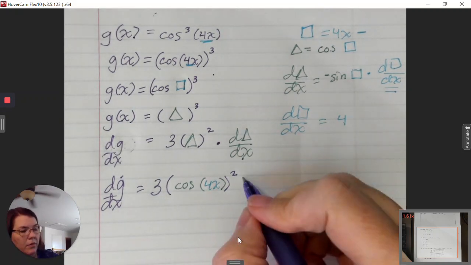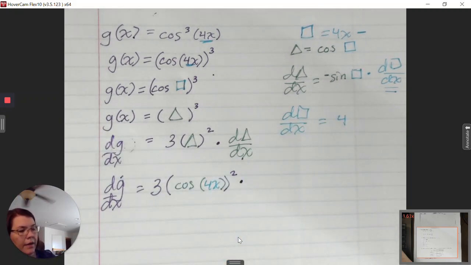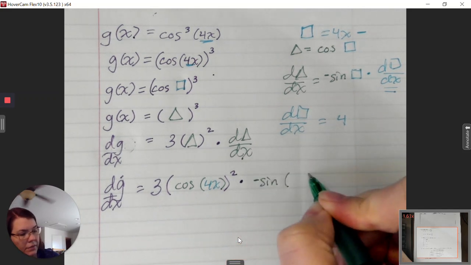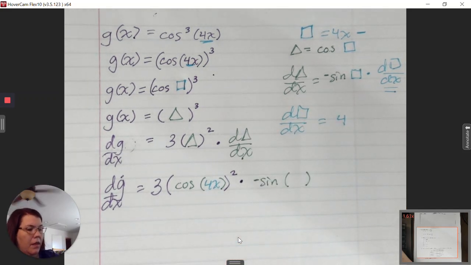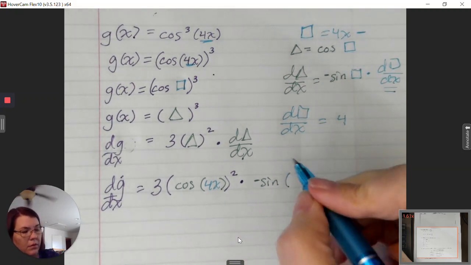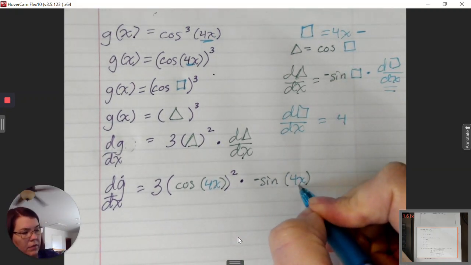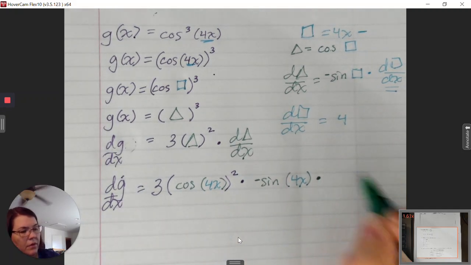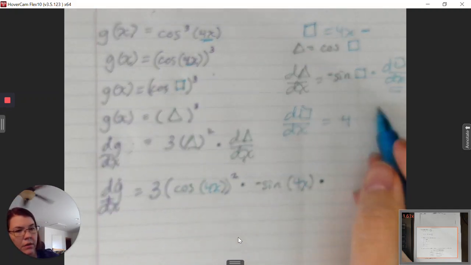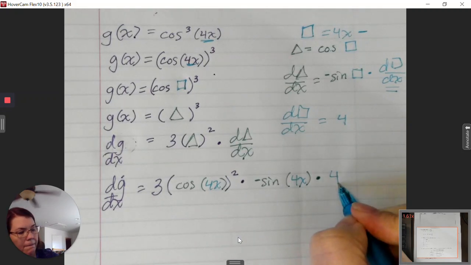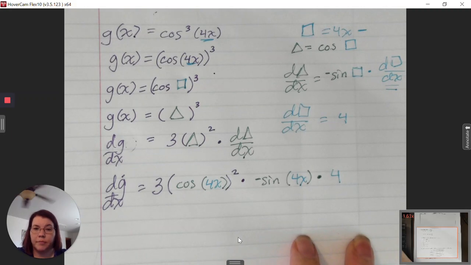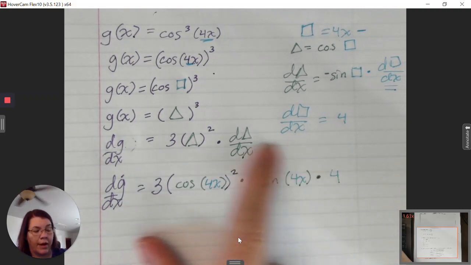Times d triangle dx, and d triangle dx is negative sine of square, and square is 4x, times d square dx, and d square dx is 4. So there's my answer. Now what I've done here is the work I'd actually write down.